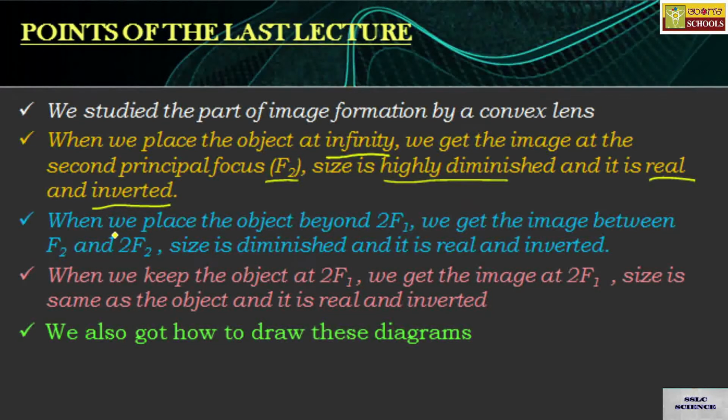In the second case, when we place the object beyond 2F1, the image is between F2 and 2F2 on the other side. The size of the image is diminished in comparison with the object, and the nature is real and inverted.